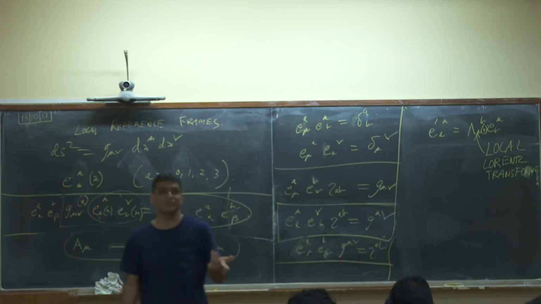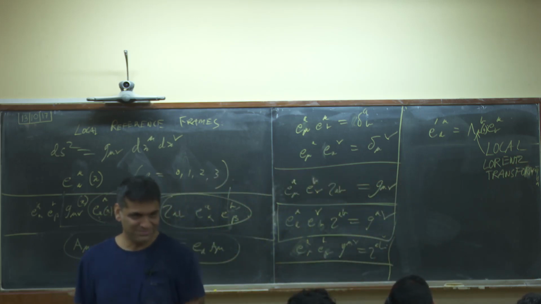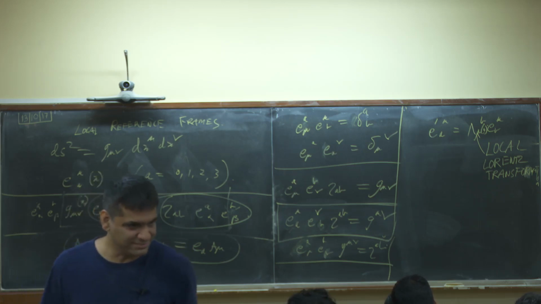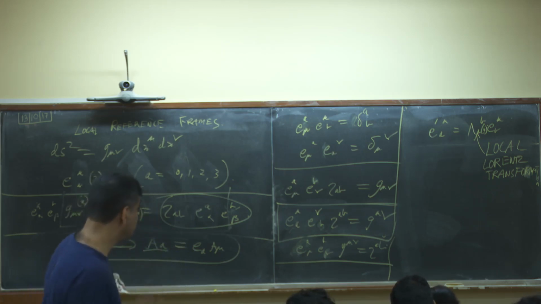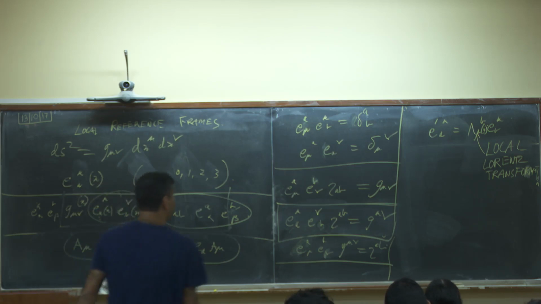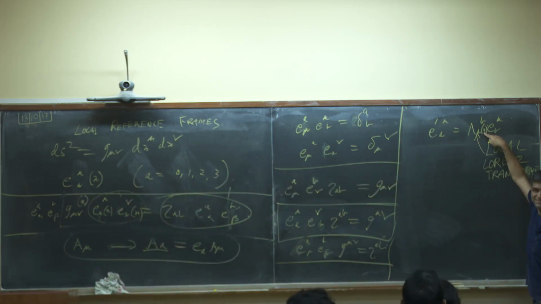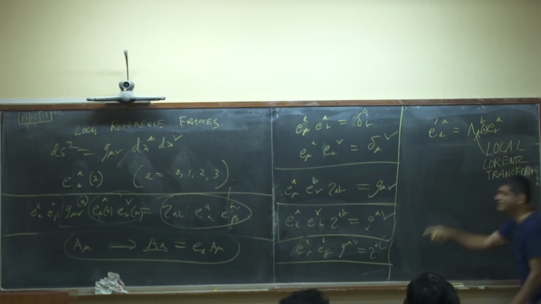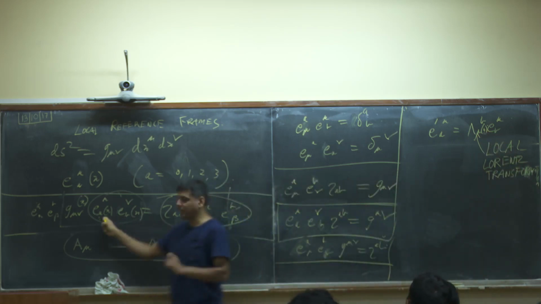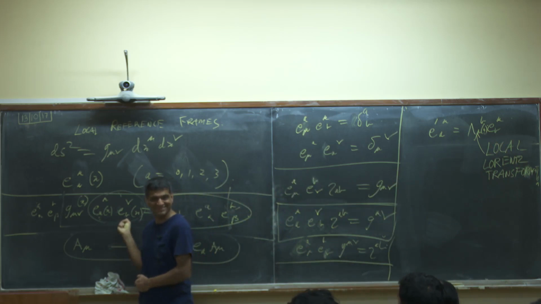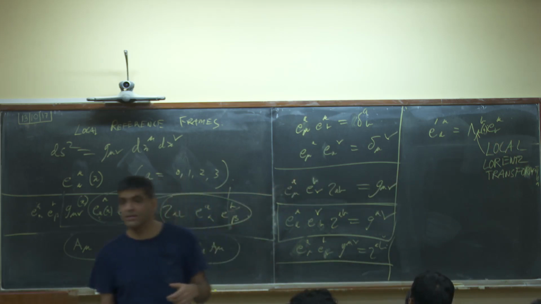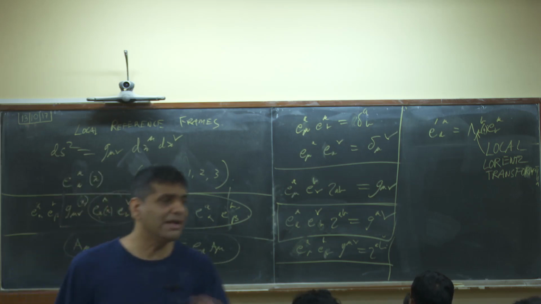It has to be a Lorentz transformation. This is clear? Local, as in it is an arbitrary function of x, because this equation is ultra local. It holds x by x.